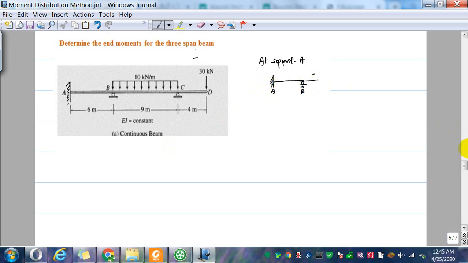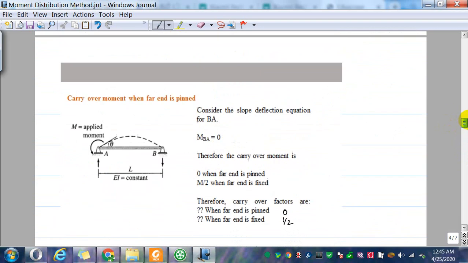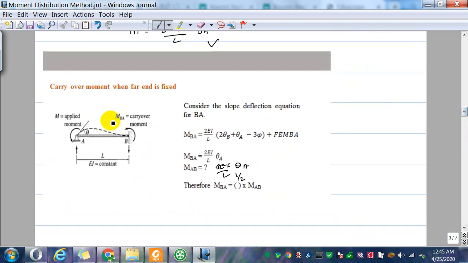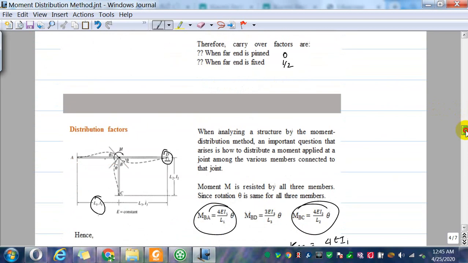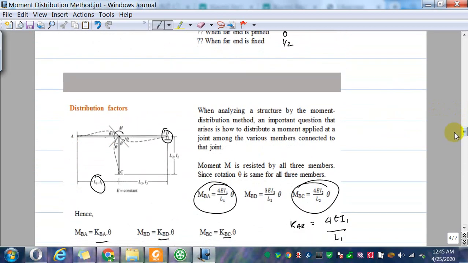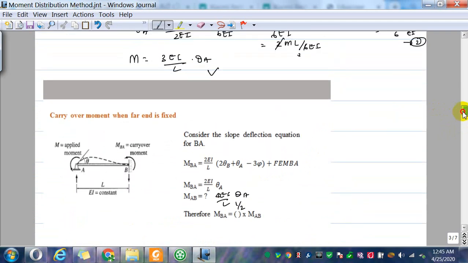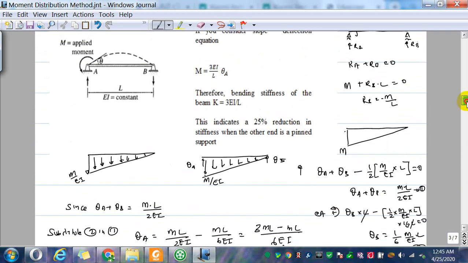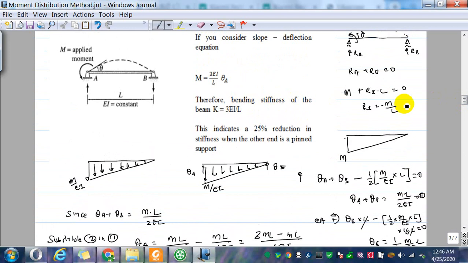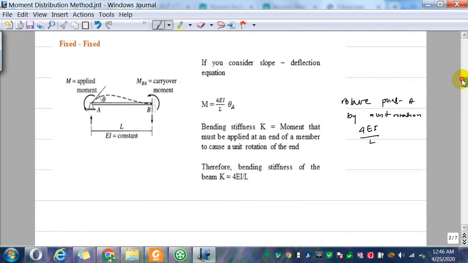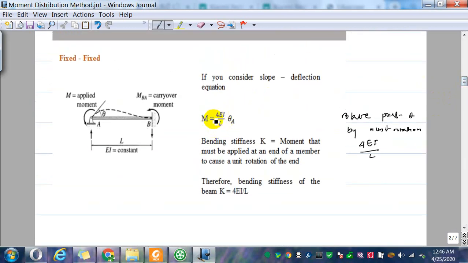From our equations, if the far end is fixed, your stiffness is 4EI over L. We derived this one. So when the far end is fixed, the bending stiffness K of the member is 4EI over L.